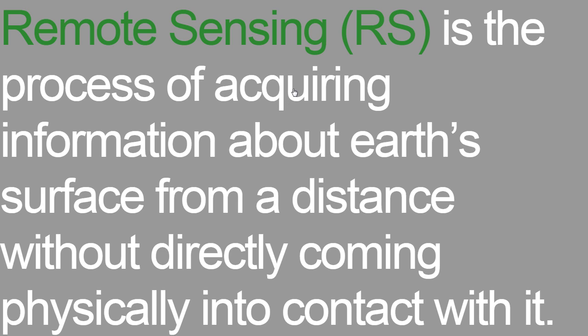So this term remote sensing, this is a process of acquiring information about the Earth's surface from a distance, and we're not physically coming into contact with it. So that's the catch-all, remote sensing at large, is just we're trying to learn something about the surface of the Earth from a distance. So it can be many different sensors and cameras, and we're going to talk about some of those in a second, and it can be positioned in many different ways.